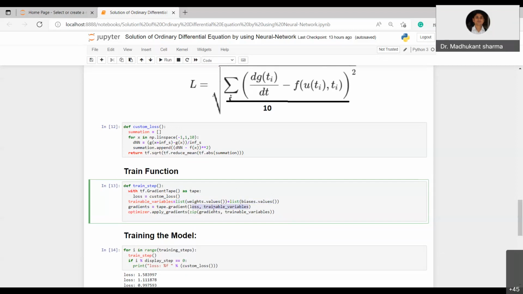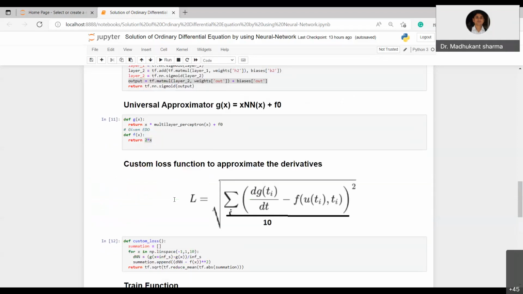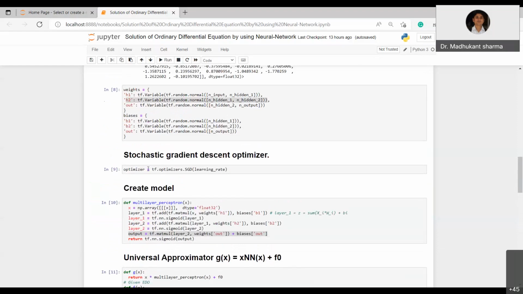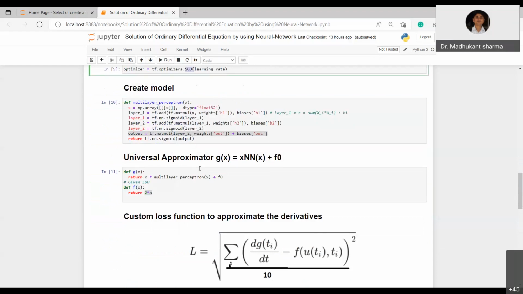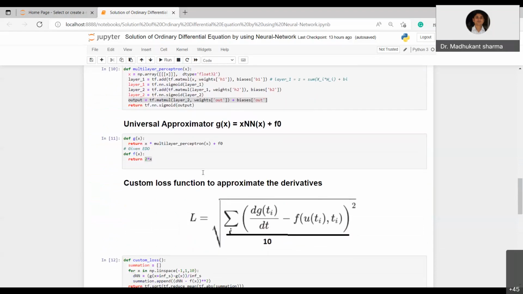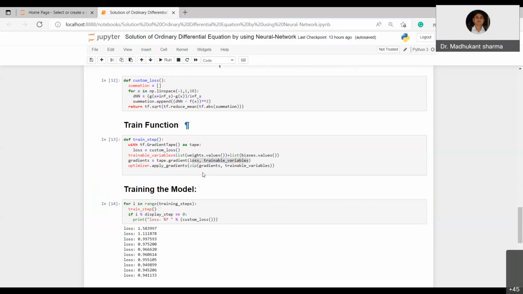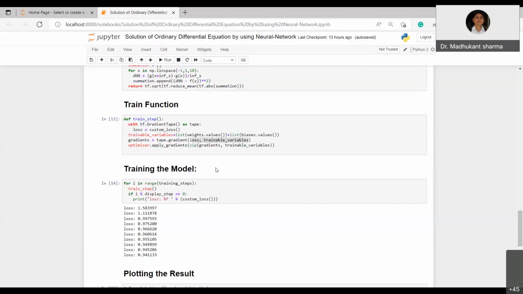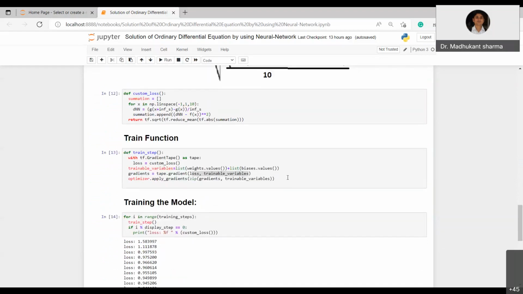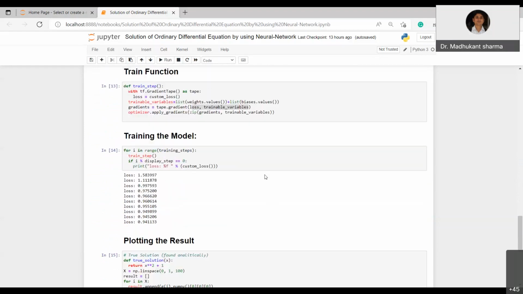After that we apply an optimizer, which we have already defined here. The optimizer is our stochastic gradient descent. After applying the stochastic gradient optimizer, we will try to learn the parameters, weights and biases.